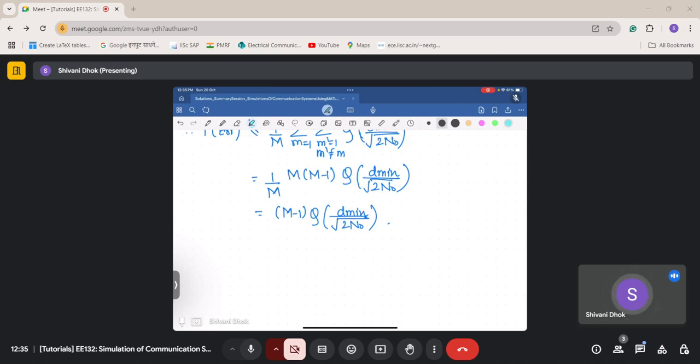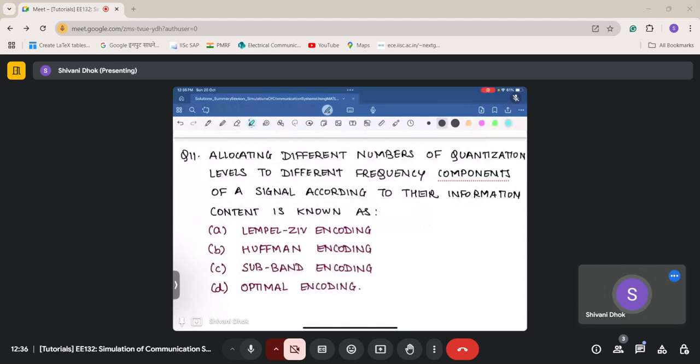Okay, if not, then I'll move on to the next question. So this question again was put as a query. I have told this multiple times that allocating different number of quantization levels to different frequency components of a signal according to their information content, different frequency components, which means that you are looking at different frequency bands, which means you will look at a sub band.